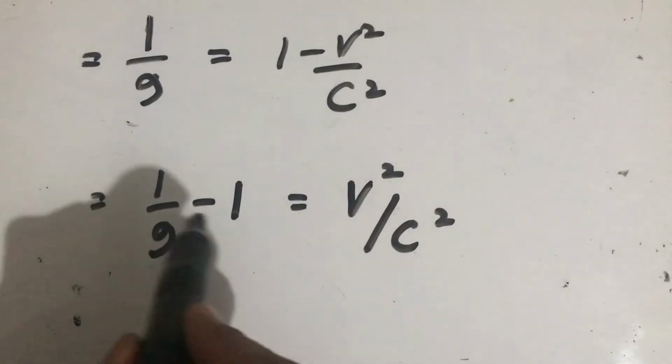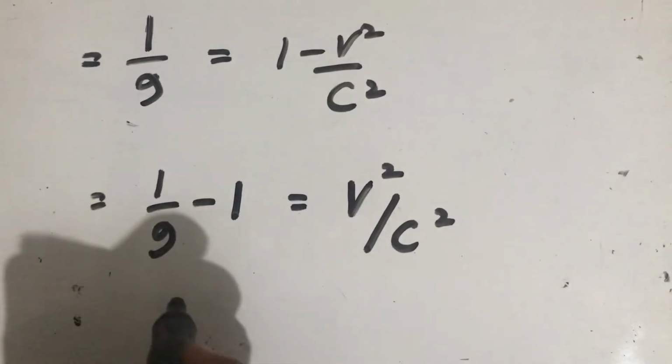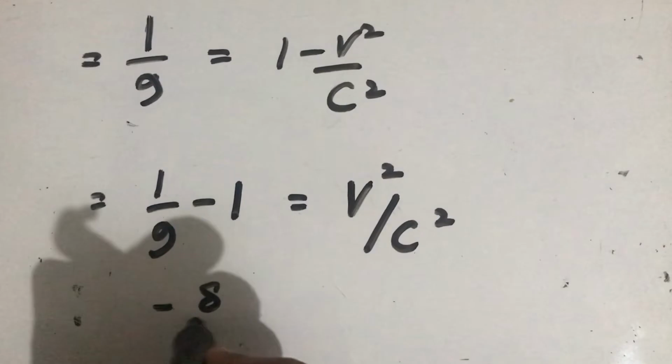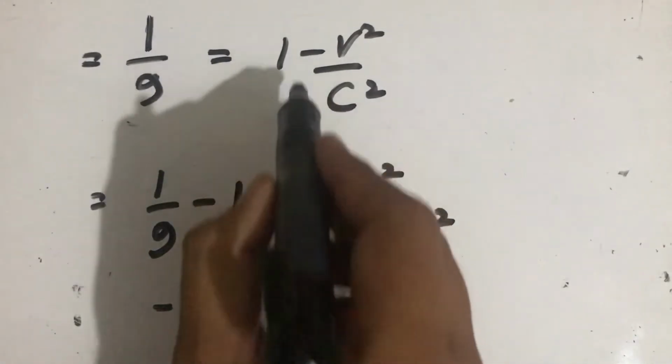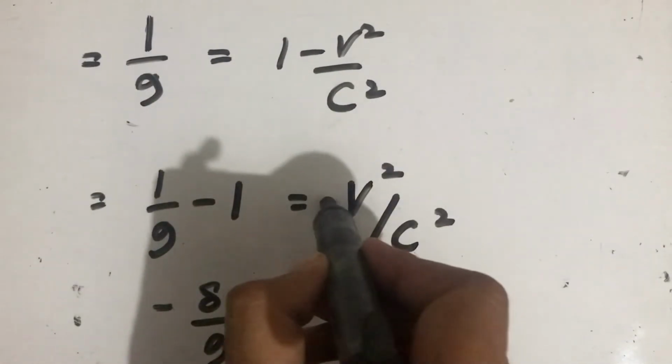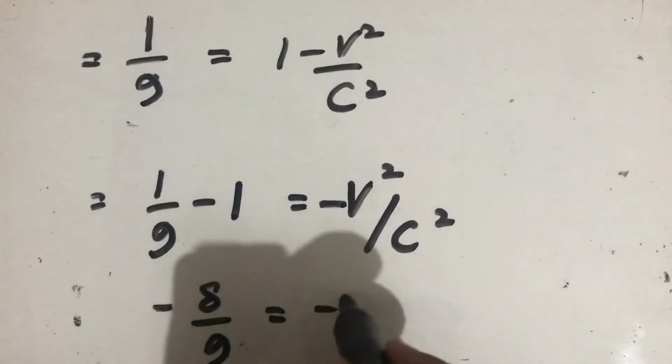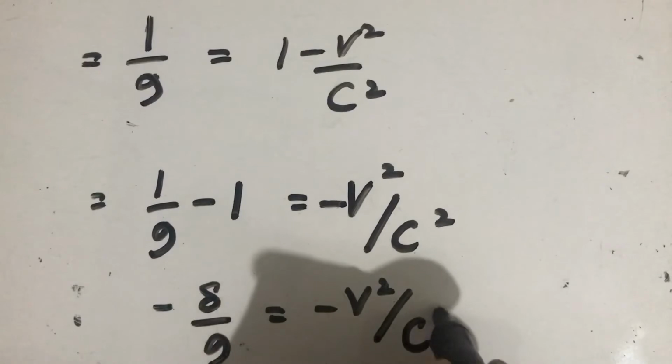We know that the LCM of 1/9 minus 1 is minus 8/9. So here we have a minus sign as well, which is equal to minus v square divided by c square.